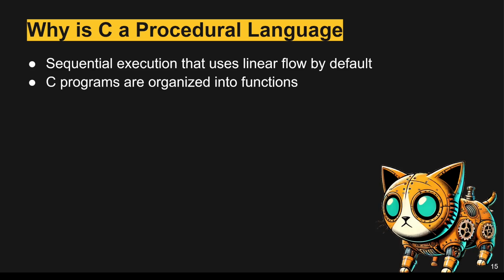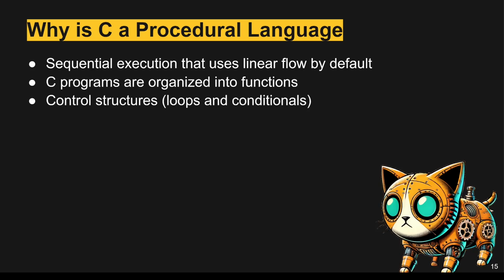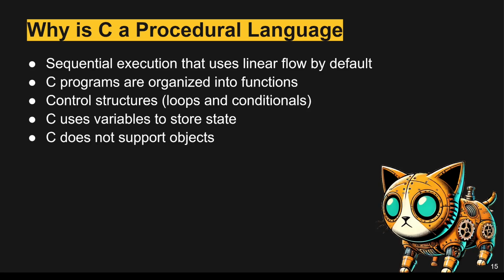So these are procedures in terms of how a procedural language thinks about solving problems. The C programming language has control structures, with loops and conditionals, and it uses variables to store state. These variables can be global or local, so they can be heavily modified by a function, whether they're passed in as parameters, or if they're globals used across multiple functions at once. C does not support objects, so C is not object-oriented.